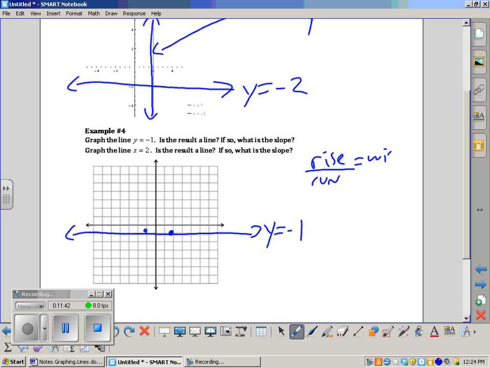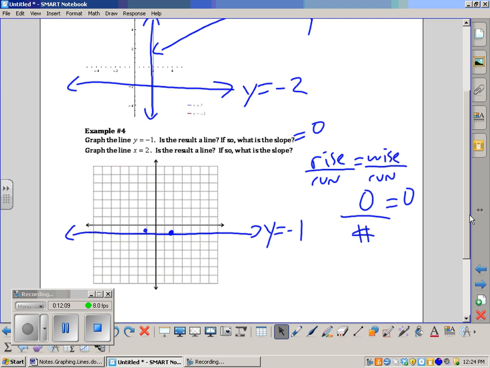For the y's, the y doesn't go up or down, so the y's are 0. There's no up and down movement, but there is a left to right movement. So it's 0 over some number. Well, that equals 0. So the slope of a horizontal line is definitely 0.